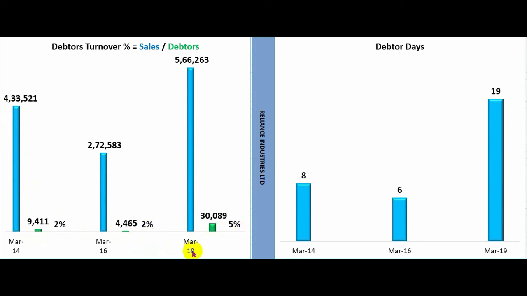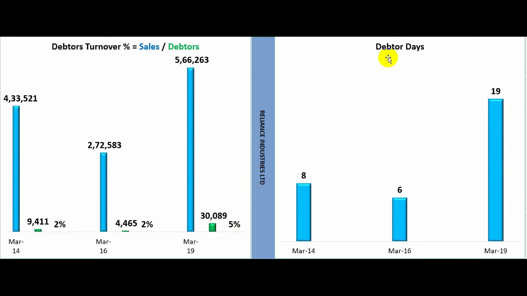In March 19, total sales done was like 5,66,000 crores, against which only 30,000 crores was pending to be collected as of March 19. That's just 5%. Here we don't want the company's debtors or customers to exceed 30% of collection against the sales of that year. So these are all very good numbers.